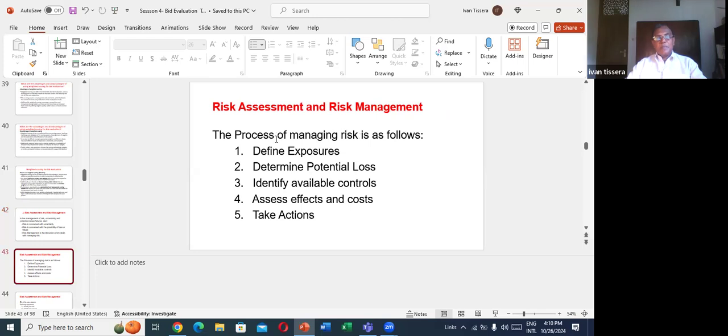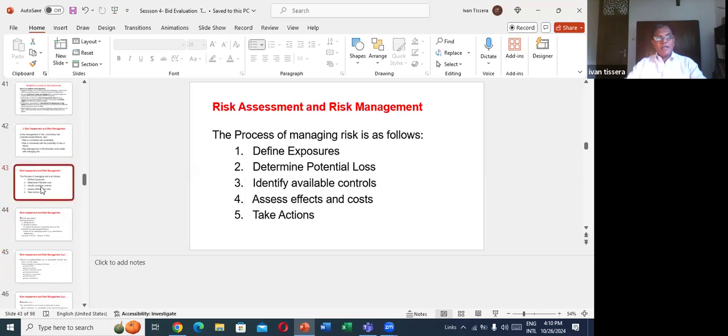The process of managing risk is as follows. First, define exposures. What are the exposures? Then determine potential loss. Identify available controls. Assess effect and controls, cost. Finally, take actions.